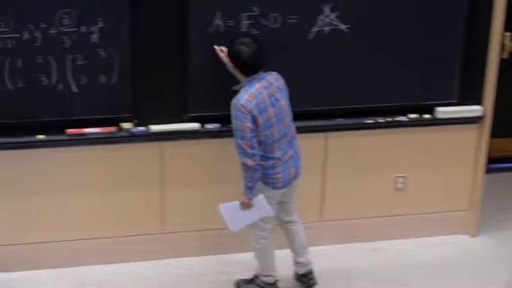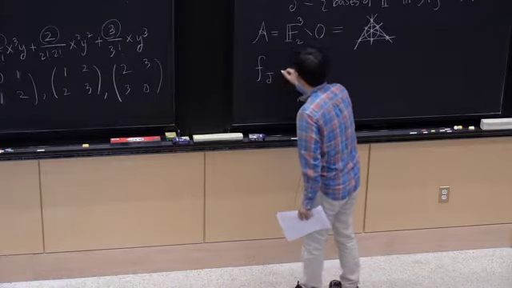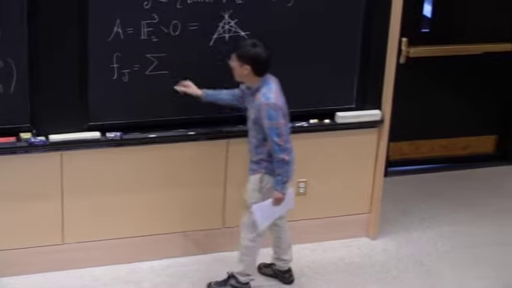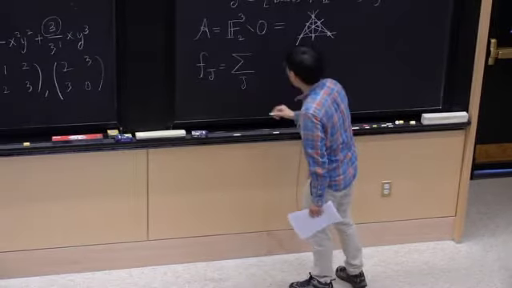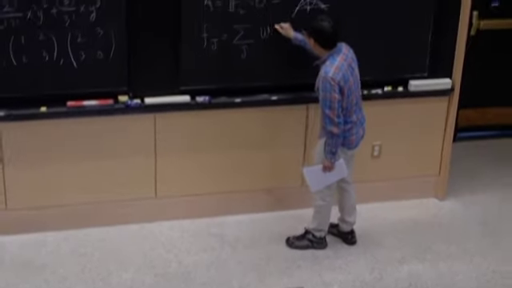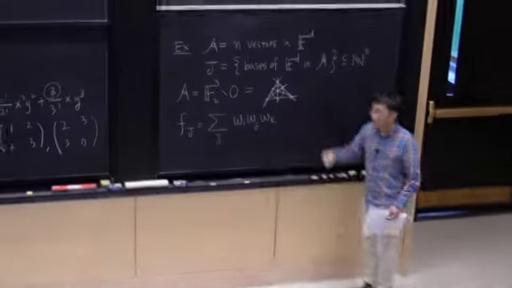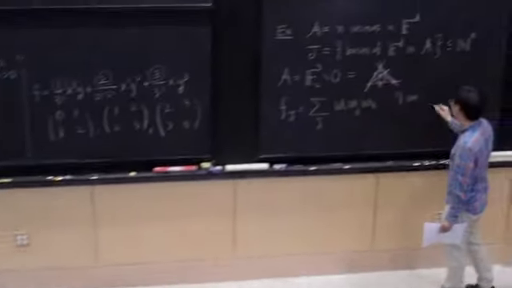And let's consider the polynomial f of A, J, the generating polynomial for the bases J. So it's a sum over J, and there is a degree 3 monomial, x_i x_j x_k, for each one of the bases. So this is a polynomial in 7 variables, because I have 7 points or 7 vectors.